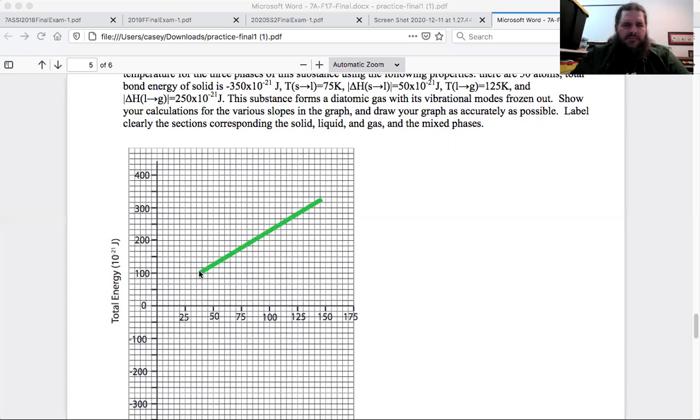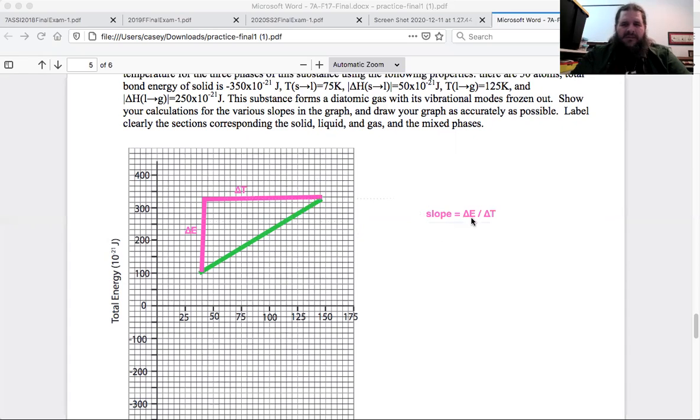Assuming the heat capacity. Yeah, because if we're looking at rise over run, rise is delta E, and the run is delta temperature. So the slope here is going to be rise over run, delta energy over delta temperature.